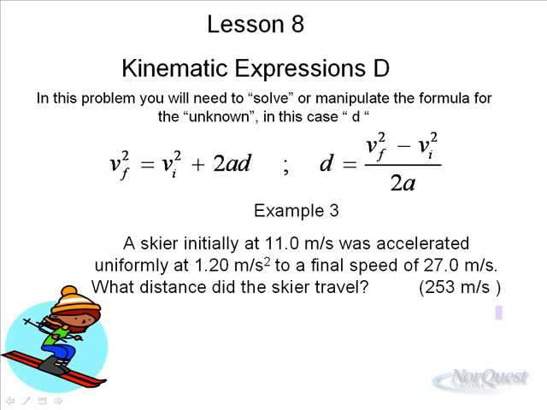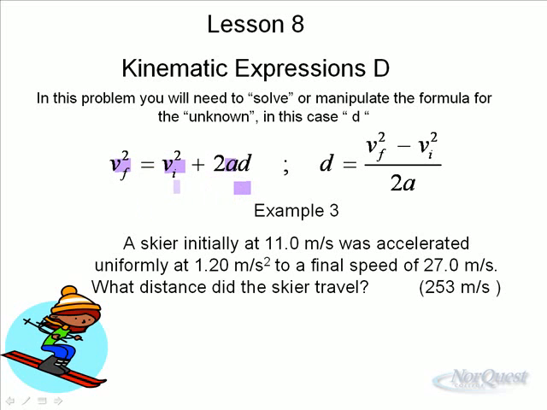A skier initially at 11 meters per second, accelerated uniformly at 1.2, down a hill to a final speed of 27 meters per second. What distance did the skier travel? So as I said, we are given Vf, we're given Vi, we're given acceleration, but we don't know what d is. And so we have to manipulate our formula for d.